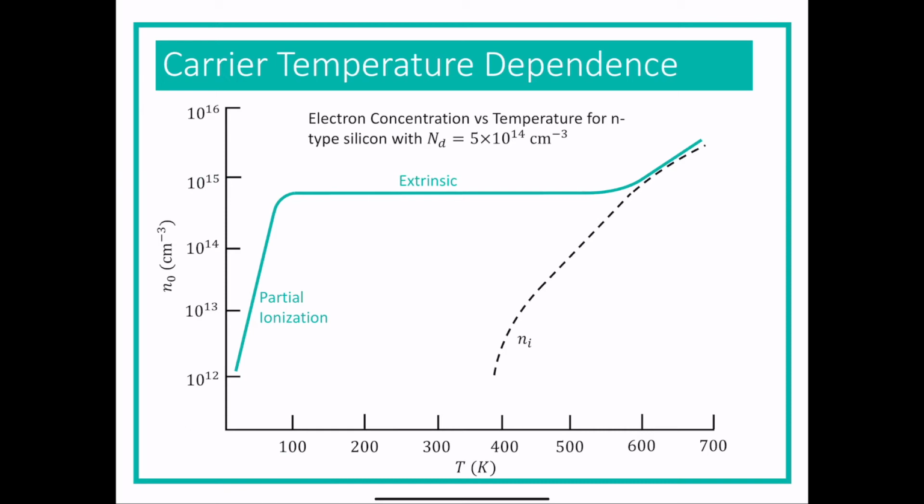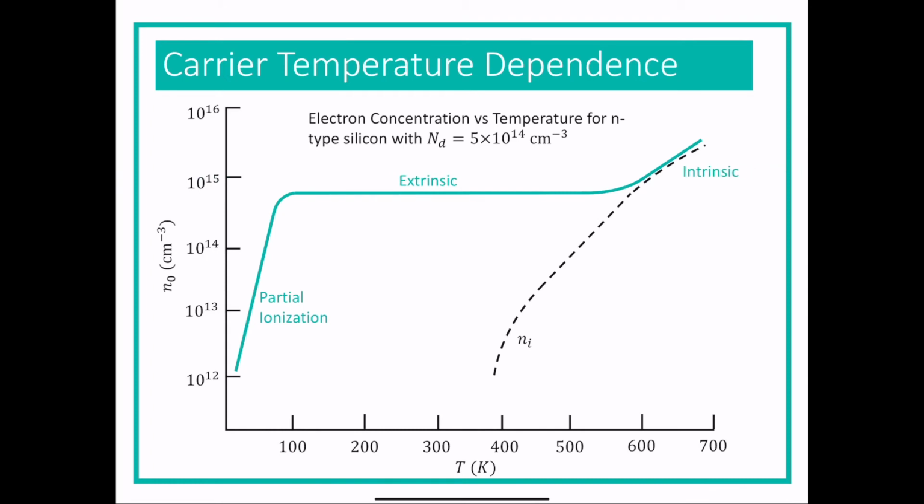The donor amount is like 5 times 10 to the 14, and that means the number of electrons is about 5 times 10 to the 14, from 100 up to about 500K. And you notice that the intrinsic carriers start out really low and start to increase as temperature goes up. And you notice there's a point at which those two curves meet. And that means that we no longer have extrinsic material at a high temperature.